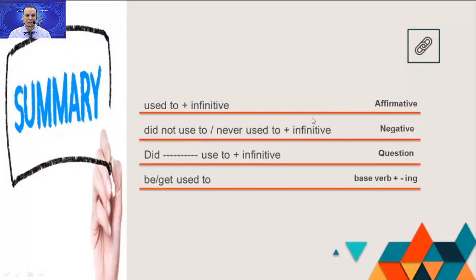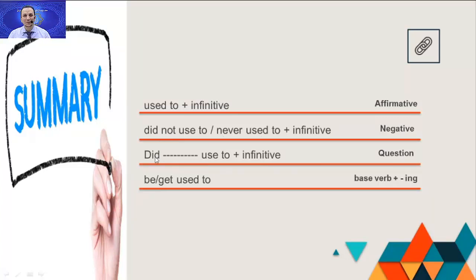The summary of the lesson today: used to plus infinitive in the affirmative statement. Didn't use to or never used to plus infinitive in the negative form. But take care here again, I have to confirm many times: didn't use, never used.